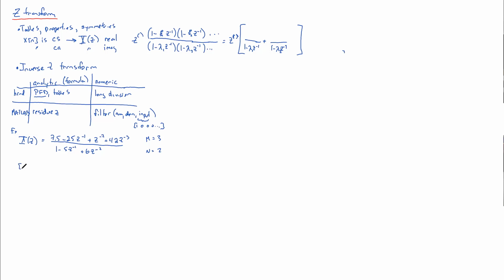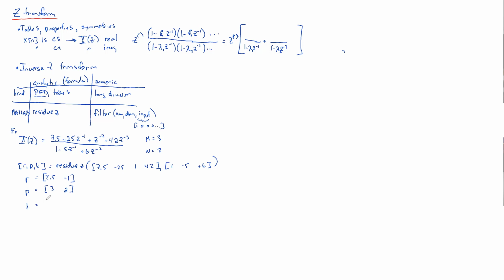If you issued this command, with the numerator first, in decreasing powers of z, then the denominator, it would pop out r equal to 2.5 and negative 1. The poles are at 3 and at 2.